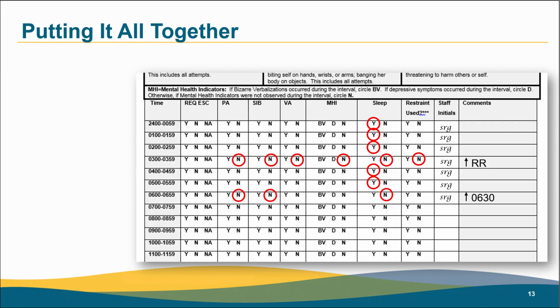Now you might be wondering why we haven't circled no for requesting escape, Betty's replacement behavior. You also might notice that there is an additional response option here of NA. NA is kind of a special circumstance that you will see on some, but not necessarily all, BSPs.